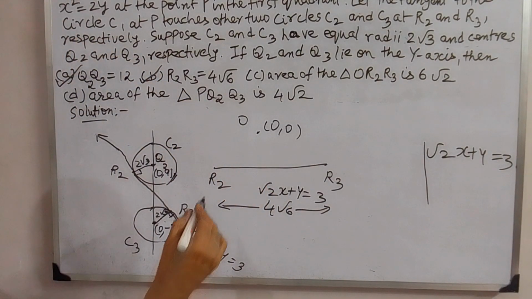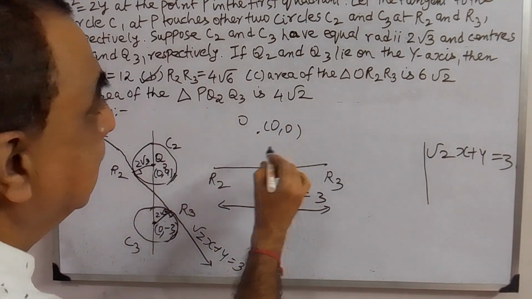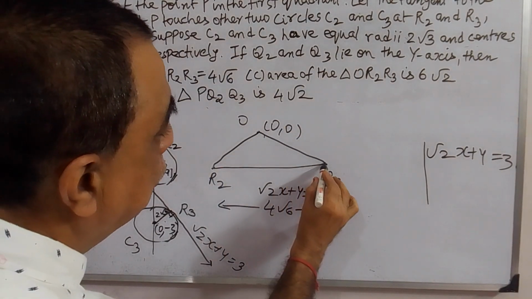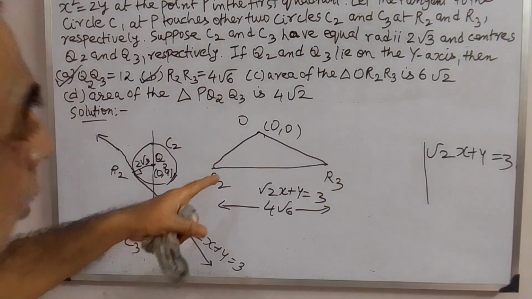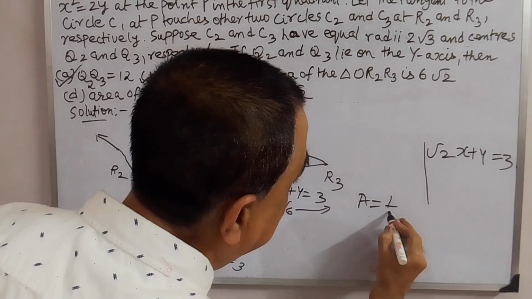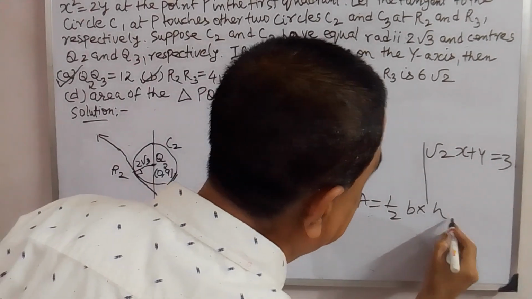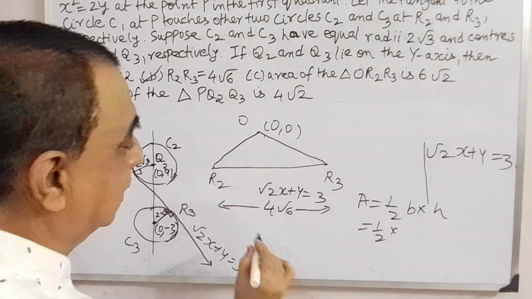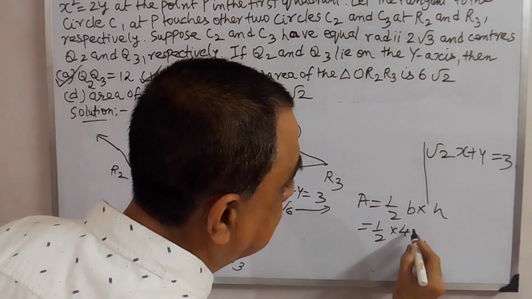Now it is asked the area of the triangle OR2R3. The formula for the area is half base into height. The base is R2R3, which is 4 root 6.